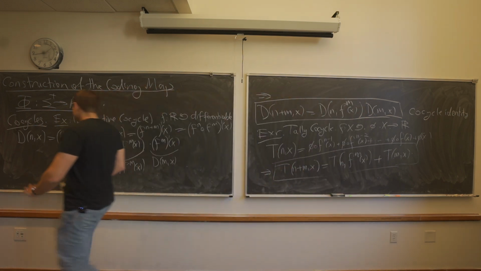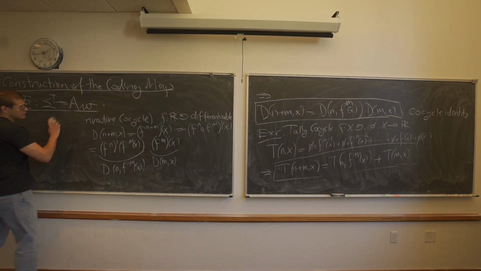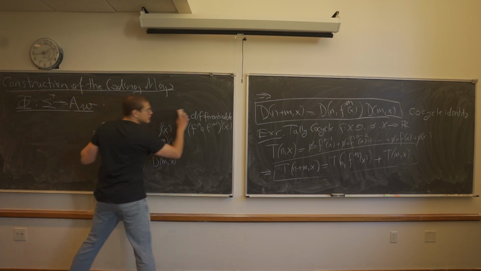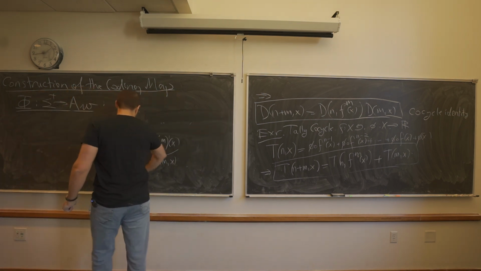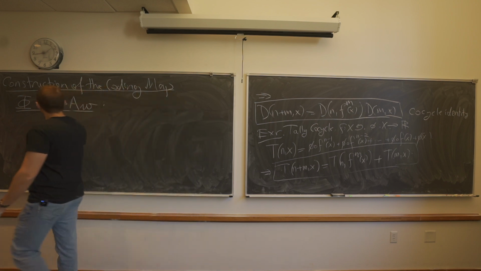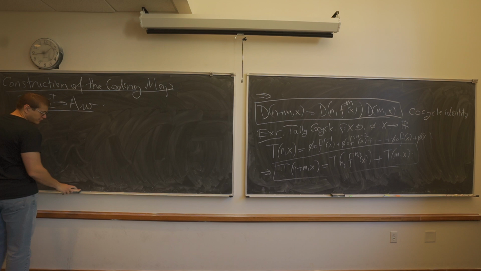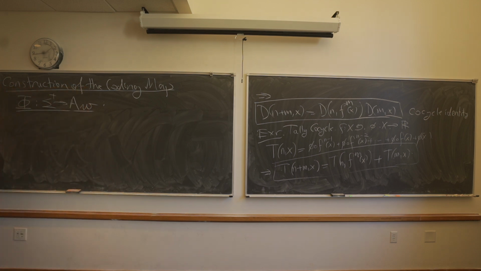Maybe it's more complicated than these, but still. So for our purposes, I think I'm running out of time. Let me just define it, and then we're going to discuss it later.